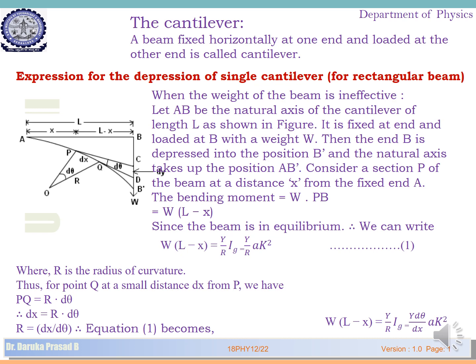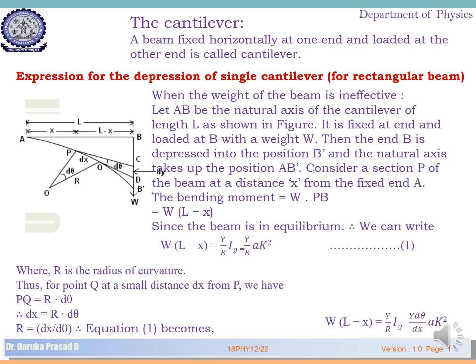Now let us consider one more point Q, very close to P at a distance of dx from P. Now PQ can be expressed as an arc, which is radius into the angle subtended by this arc. Therefore PQ, which is a small distance dx, is equal to R into d theta. Therefore R can be expressed as dx by d theta.